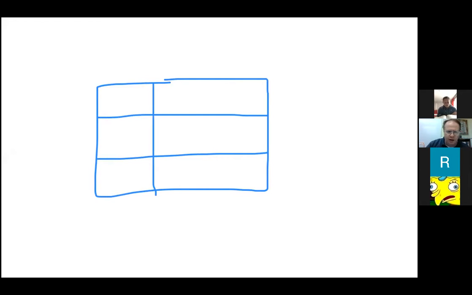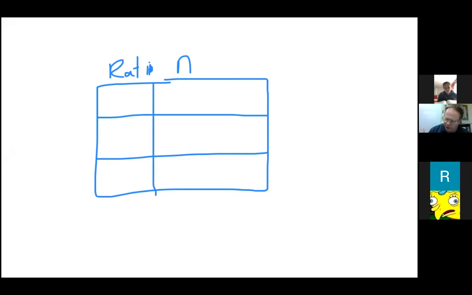So when we're talking about ratio and trying to figure out using known numbers to get another thing.